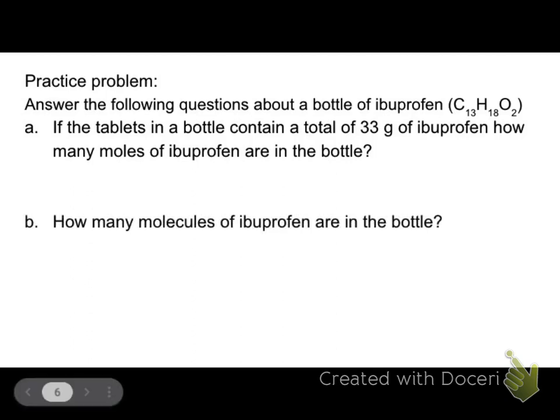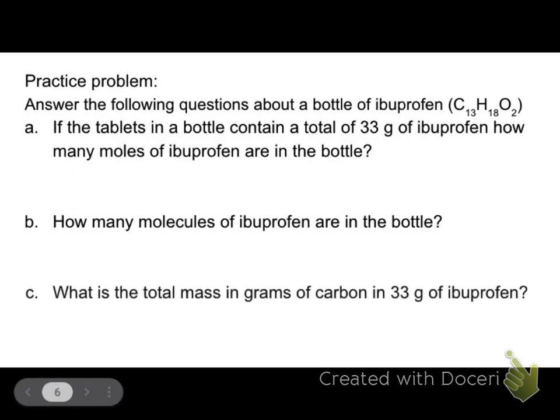Then I want you to calculate for me how many molecules of ibuprofen are in the bottle. And then I want the total mass in grams of just the carbon found in 33 grams of ibuprofen. I'm going to give you quite a bit of time to work on these problems, and then we will run them on the board.